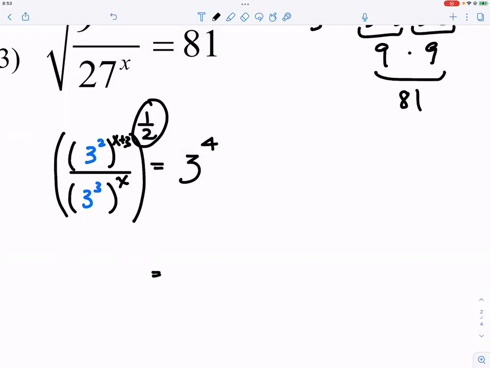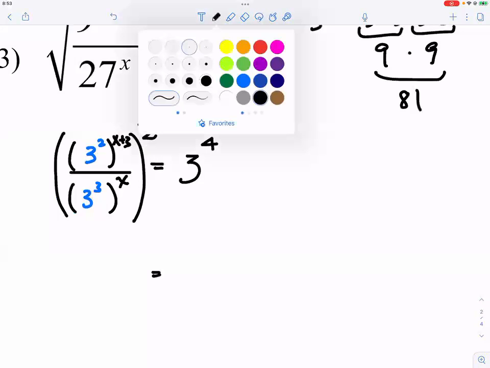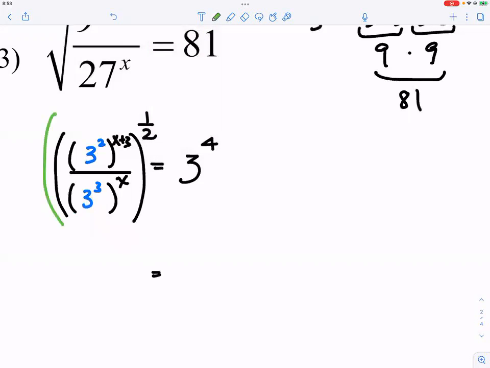How do we usually get rid of a square root? Squared, right? So all we need to do is, using a different color so you can see it better, go ahead and square both sides. Then they multiply together and it becomes 1.